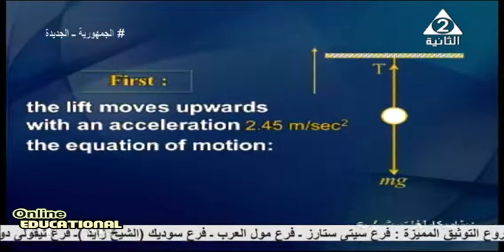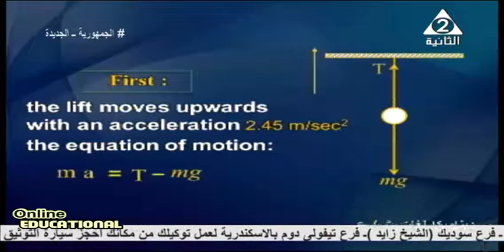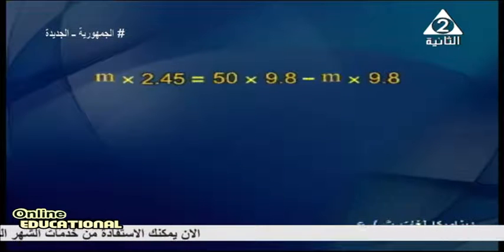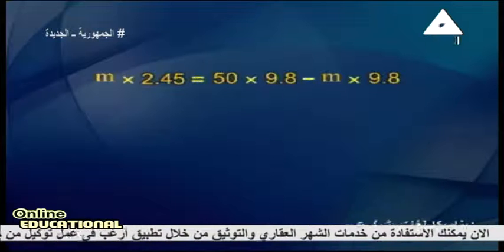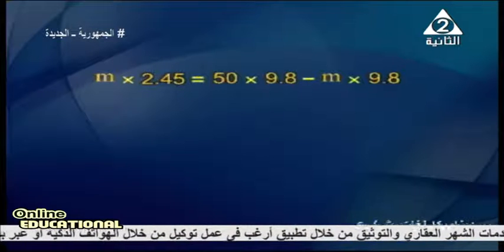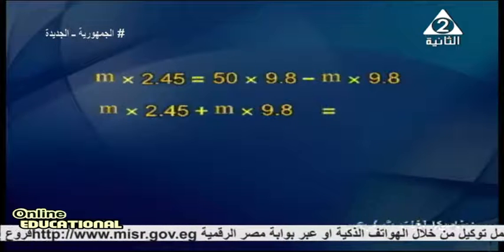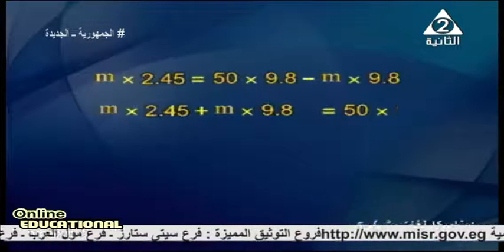Then the equation of motion is MA equals T minus mg. Now m times 2.45 equals 50 times 9.8 minus m times 9.8. m times 2.45 plus m times 9.8 equals 50 times 9.8.